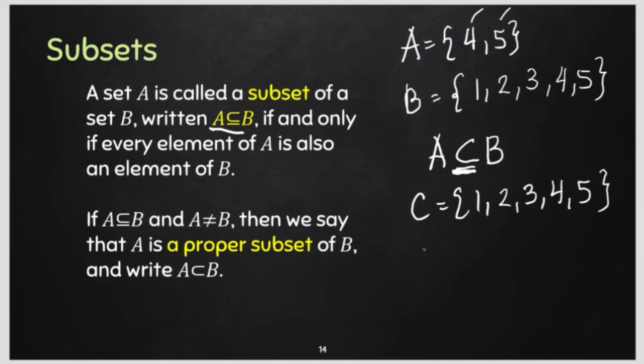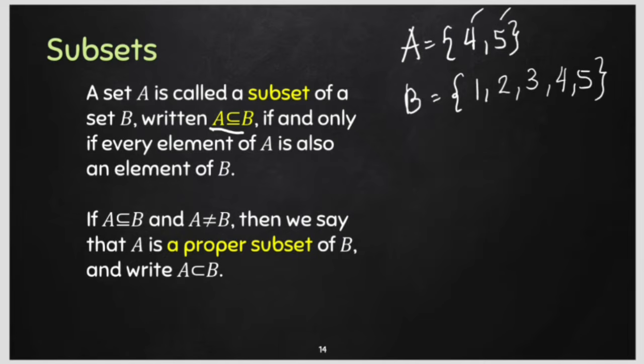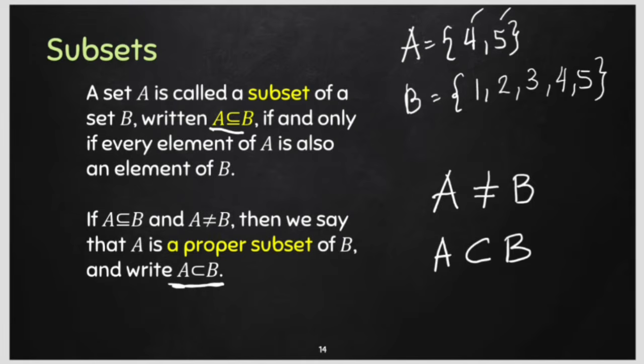We could also say that C is a subset of B because of this symbol. Now, since A is not equal to B, then we could say that A is a proper subset of B, which is denoted by this symbol.